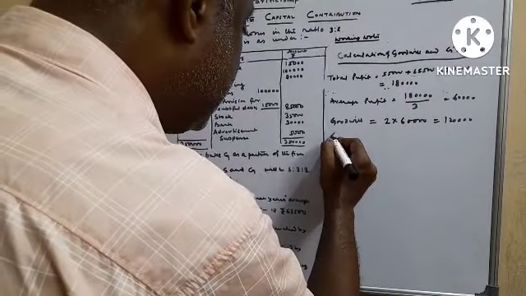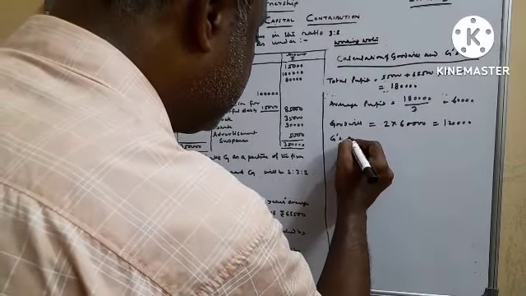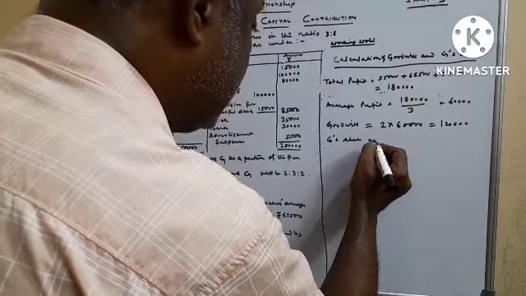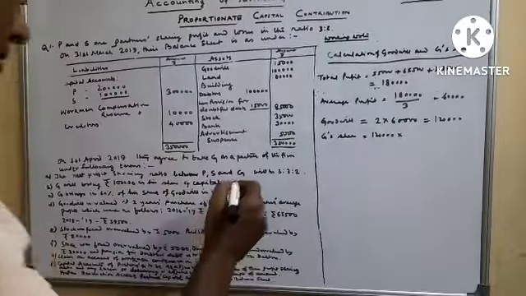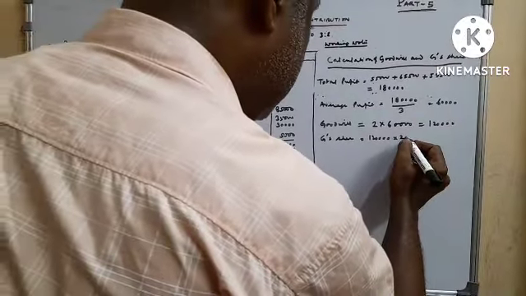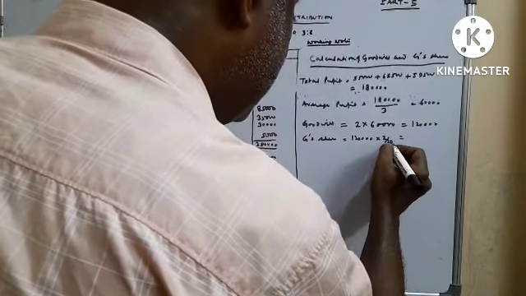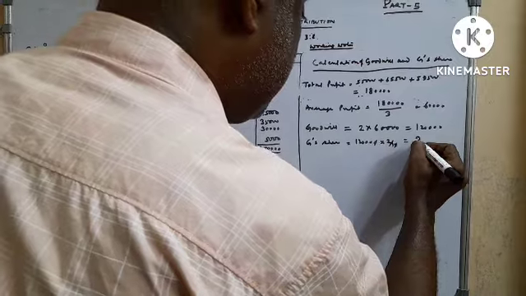Now we have to find out G's share, equals 1,20,000 into 2/10. So G's share will be how much? G's share will be 24,000.